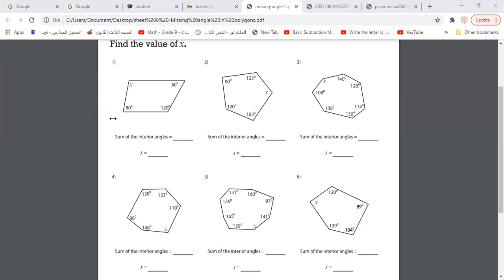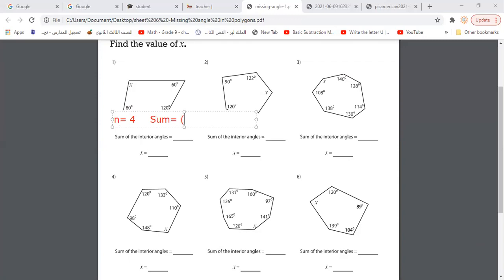The number of sides in this question equal how many? Equal 4, right? Then we want to calculate the sum.